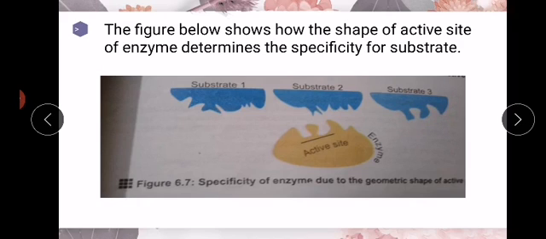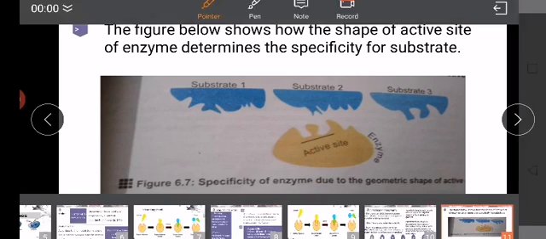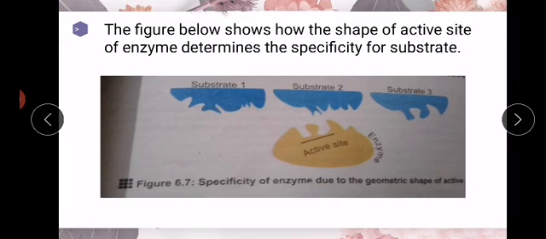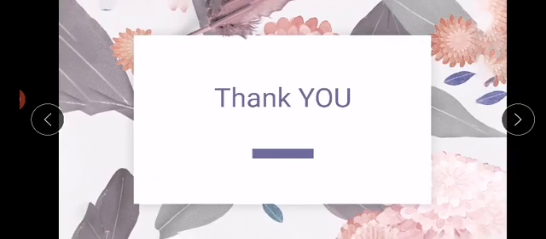So everybody can see by looking at it that this substrate will fit into this active site. This explains that enzymes are specific not only for the substrates but also for the shape of their active sites. So that was all about the mechanism of enzyme action.